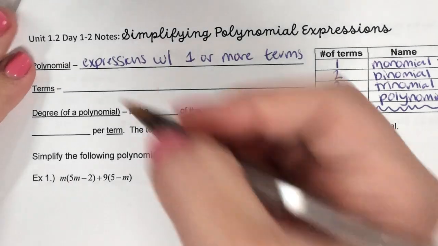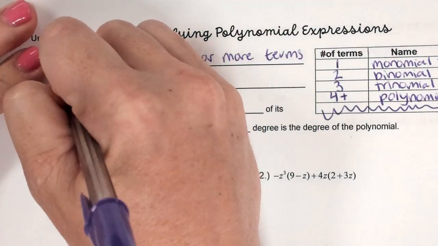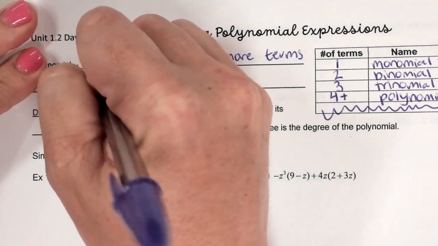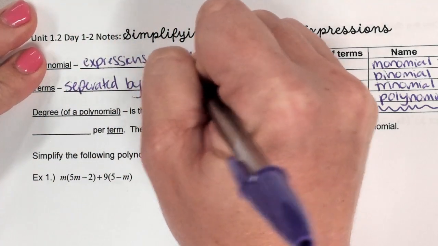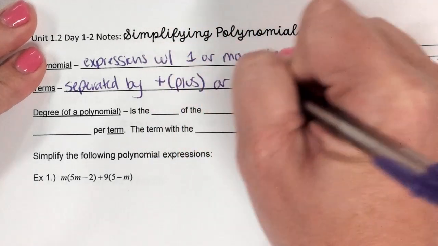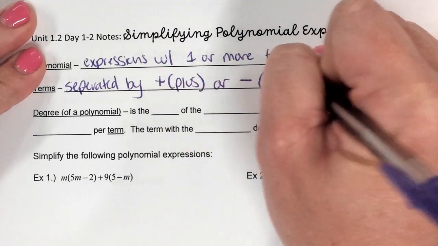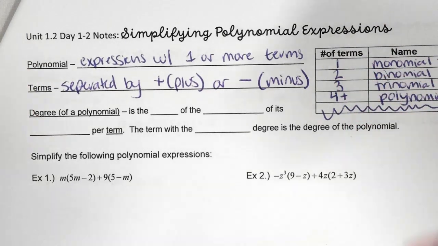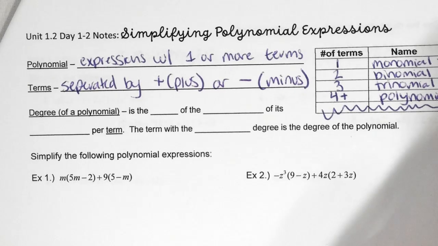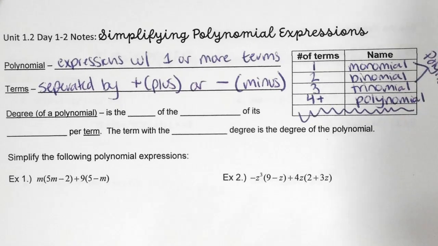So the way we identify terms is they're separated by plus or minus, which I'm going to show you an example of in just a second. But I'm going to go over all the things first and show you it all together. So separated by plus or minus.